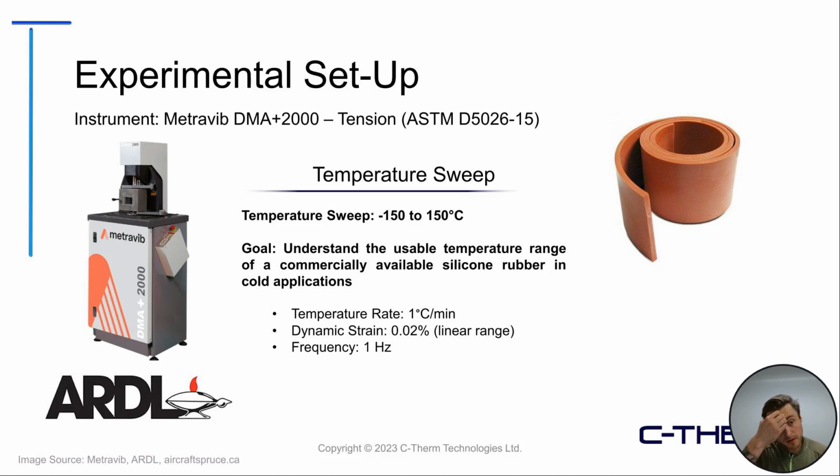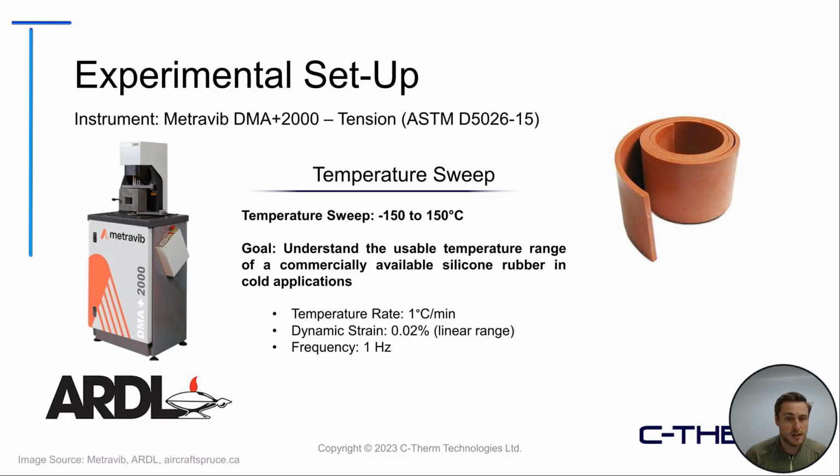For the case study we did with ARDL, we ran a test on silicone rubber on a Metravib DMA 2000 in tension following the ASTM standard D5026-15. And we wanted to measure the viscoelastic properties from -150 to 150 degrees Celsius.